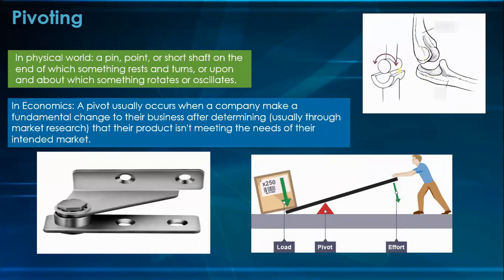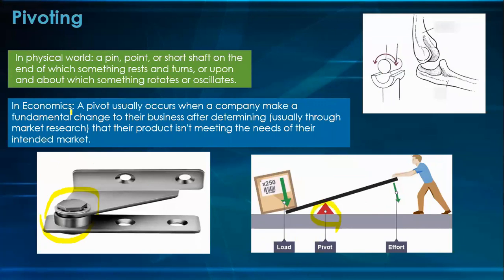These are two bones attached together, can be turned around. So this is a pivot. This is a pivot around which this piece can rotate. And here, this is a simple machine, and this red point is a pivot.